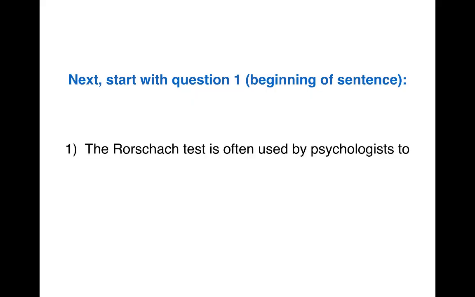The Rorschach test is often used by psychologists too. Well, we could underline Rorschach test because that's a key word, but the whole article is about that. So more important is going to be often used by psychologists too. What is this test often used by psychologists to do?